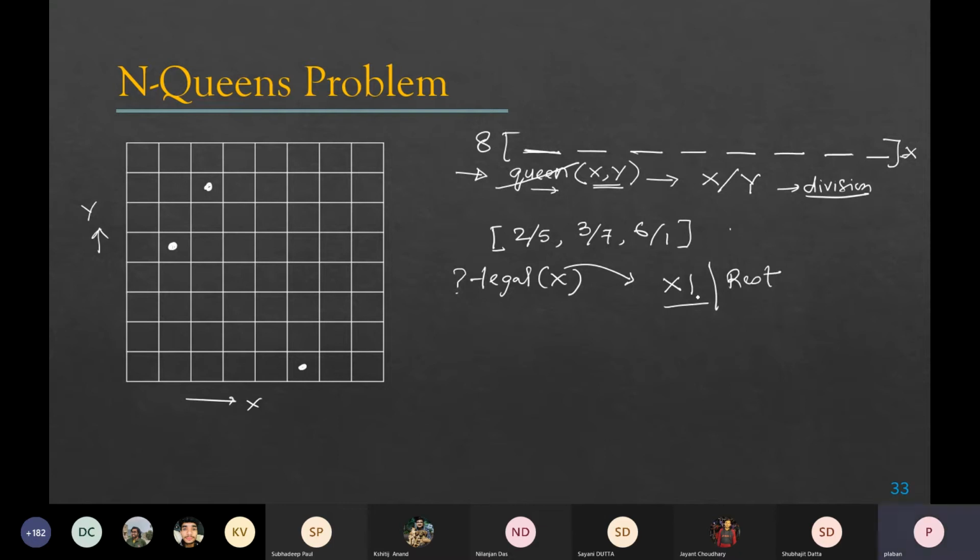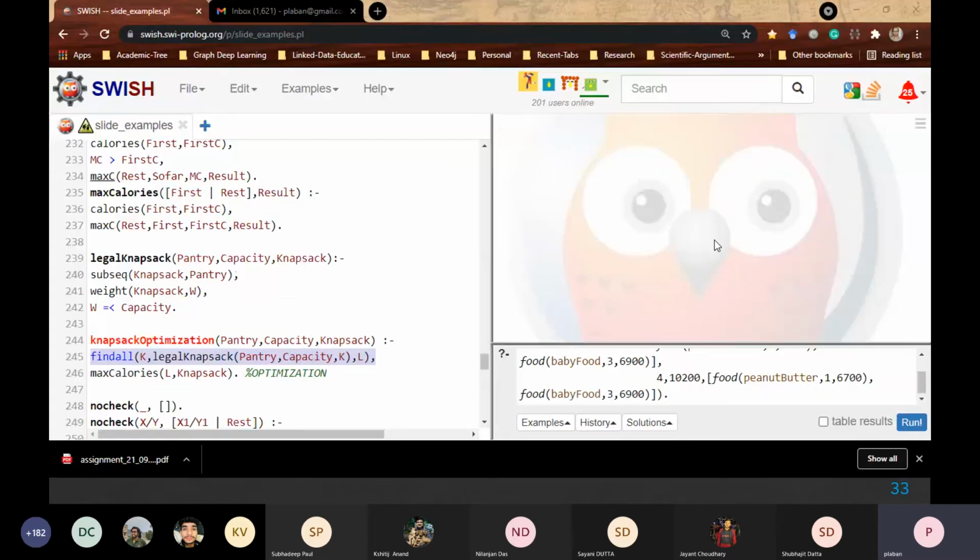Whether X1 is having an attack with any of the elements in this rest. So let us pick up this 2, 5. I'll check whether the 2, 5 assignment is having any contest with this assignment and this assignment. If that is not, then we say this is a legal assignment. So let us go with that approach, if that makes sense.